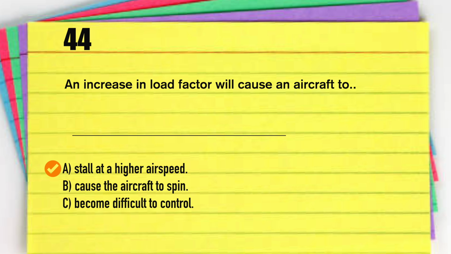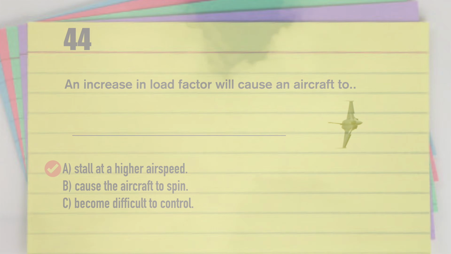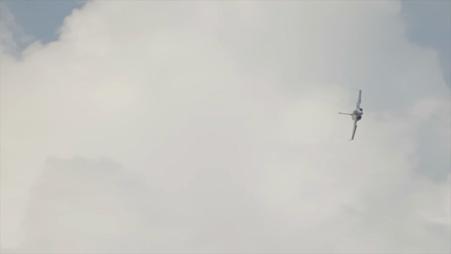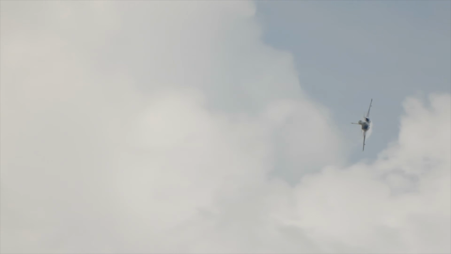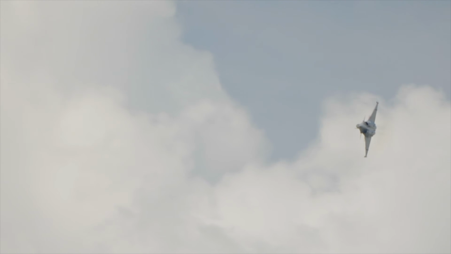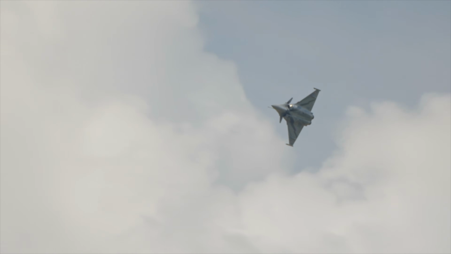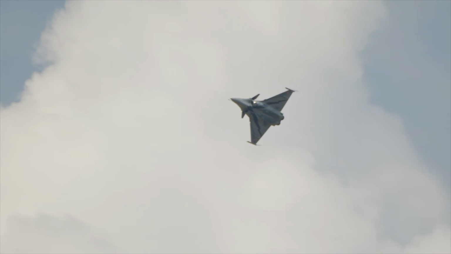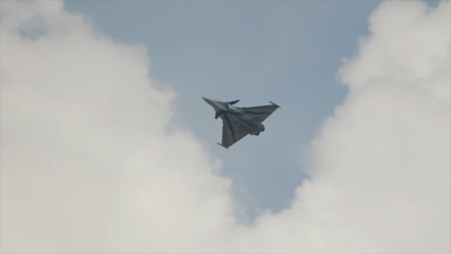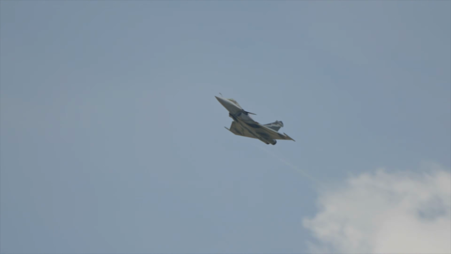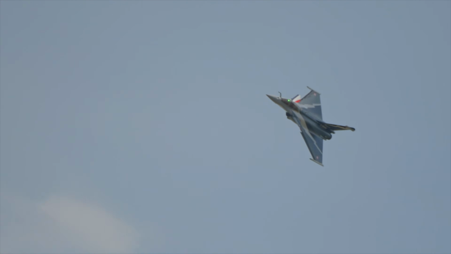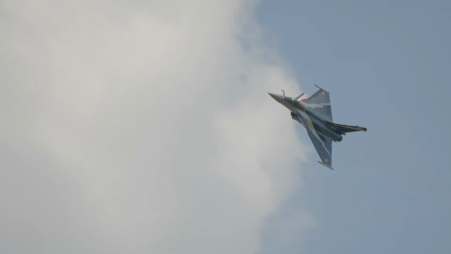So what does the pilot need to do? The pilot needs to either increase the speed of the aircraft to gain lift or increase the angle of attack to gain lift. And if the pilot decides to increase the airspeed to 150 miles an hour, it may not be enough to prevent a stall. So the pilot increases the angle of attack slightly and increases the speed to 200 miles per hour.